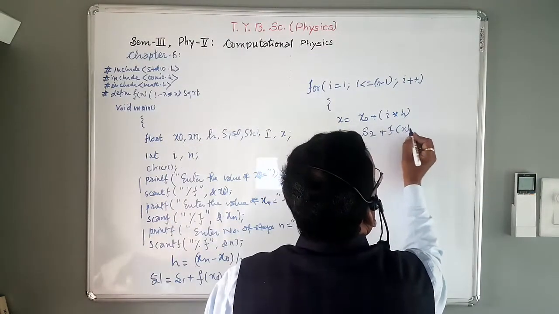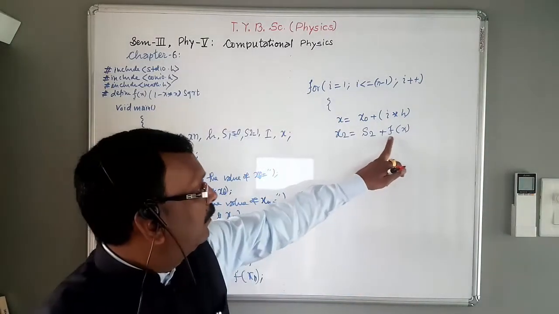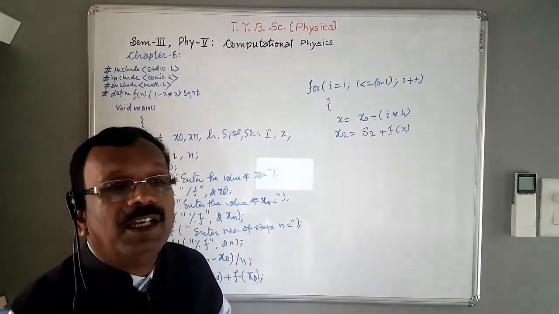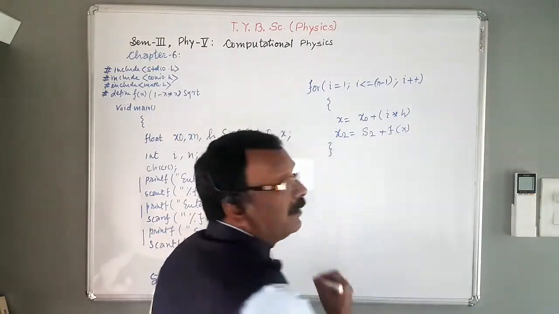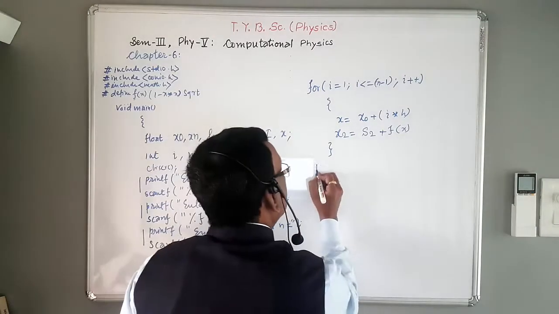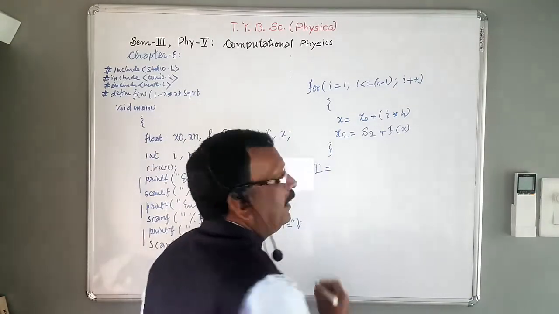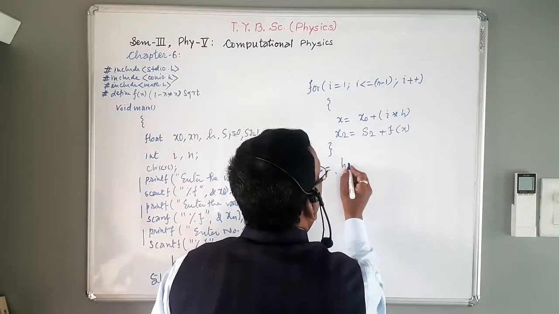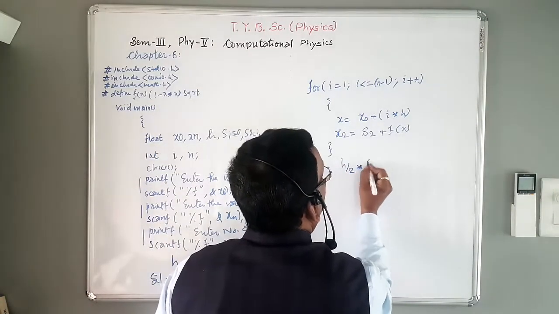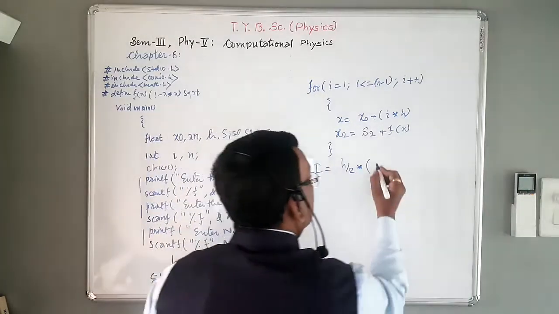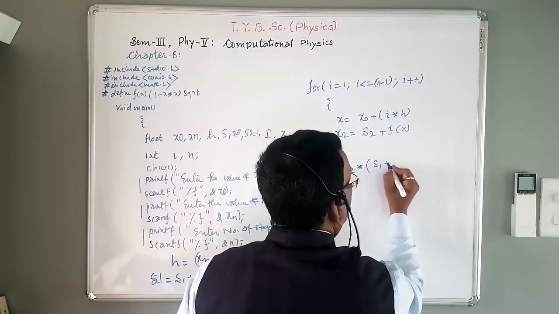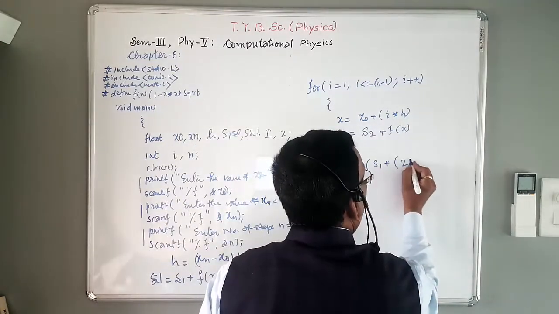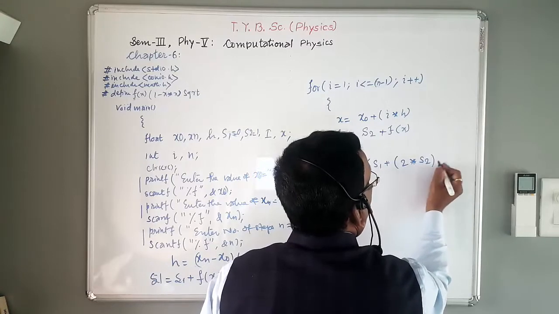That is, we add the function f of x to s2, and the result is assigned to variable s2. After that we calculate the integration, and the formula for integration for the trapezoidal rule is h by 2 into in bracket s1 plus 2 into s2.